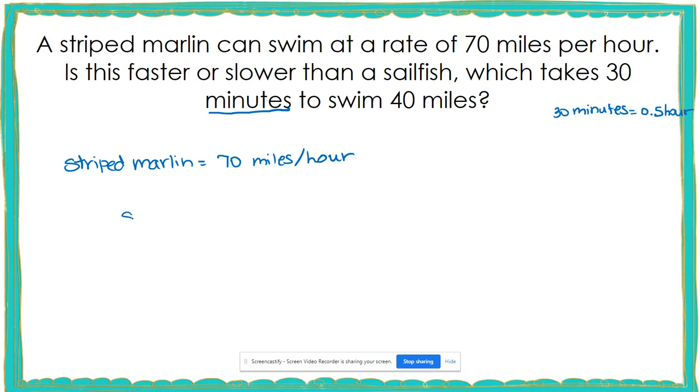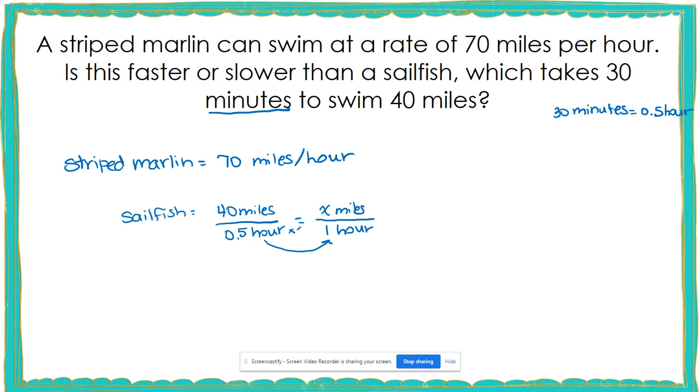So for my sailfish, if I want to find the unit rate of speed, I can say that my sailfish will travel 40 miles in 30 minutes, but I know that 30 minutes is the same as 0.5 hours. I'm going to set that in a proportion where I'm looking for how many miles my sailfish can travel in 1 hour.